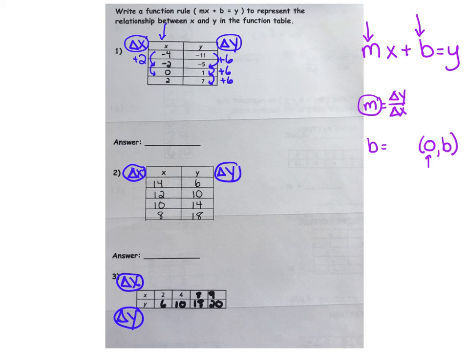From negative 2 to 0, it's a gain of 2. And finally, a gain of 2. So you're going to calculate the slope. Positive 6 over positive 2 makes an m value of 3.